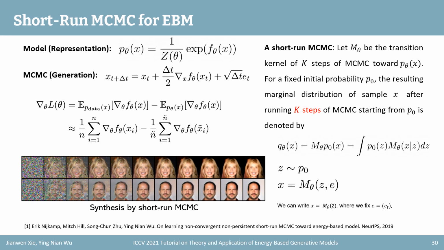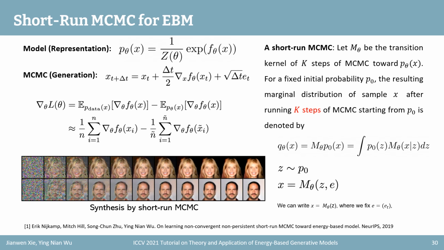The resulting marginal distribution of sample x after running k steps of MCMC starting from p0 is denoted by q(x). Since the short-run MCMC is non-convergent, q(x) is not equivalent to the target distribution p(x), and x is highly dependent on its initialization.